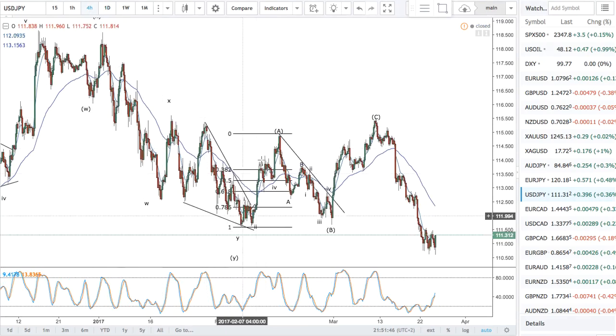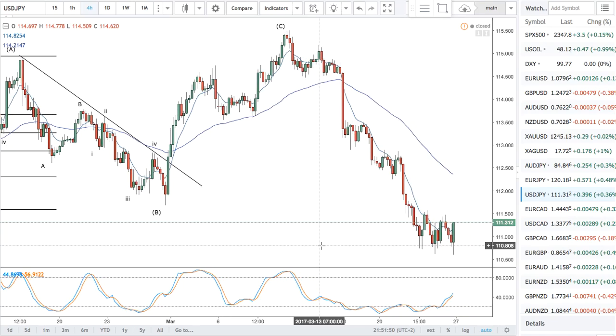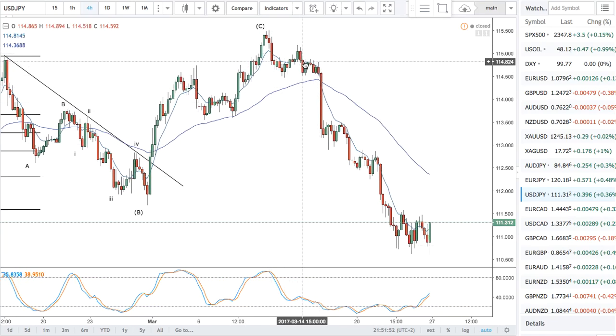This was a WXY pattern and 3 moves up which followed, and from this high we've probably done 1, 2, 1, 2, 3, 4, 5. I should have labeled this before.